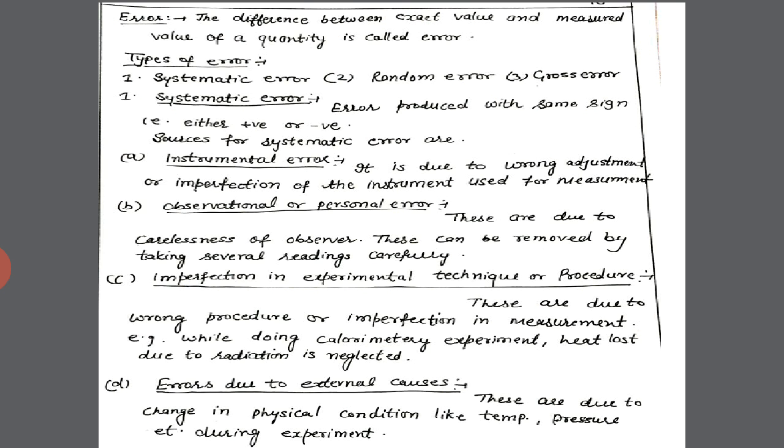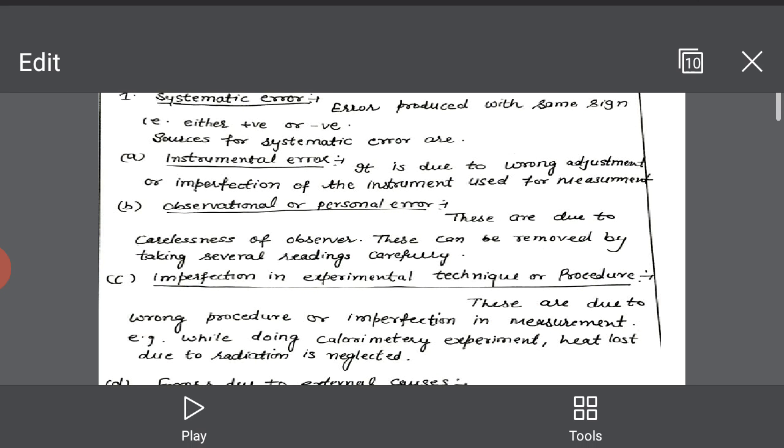Observational or personal error: when you are measuring something, if your focus gets diverted at that time, the error which occurs is called personal or observational error. Imperfection in experimental technique or procedure: if the procedure adopted by us is not proper, then the error that occurs is known as imperfection error.